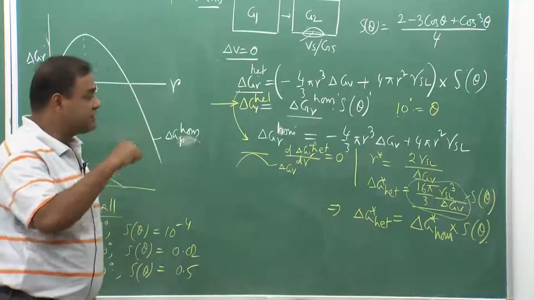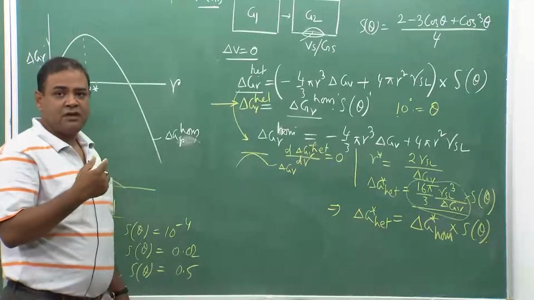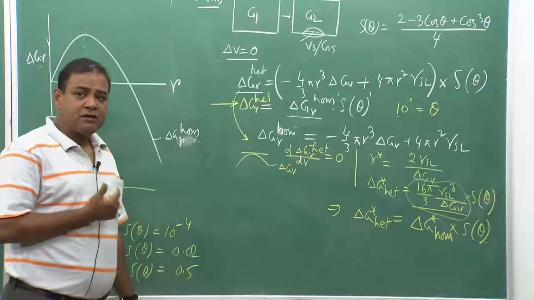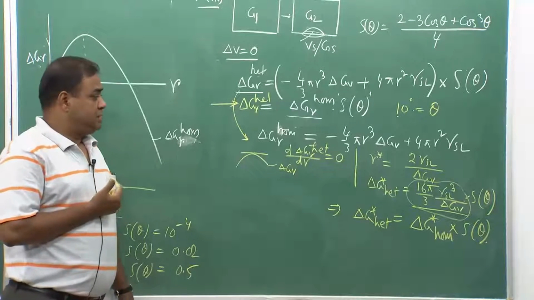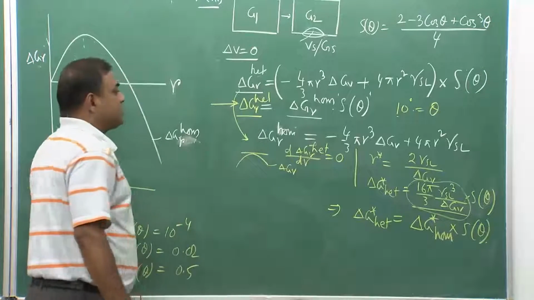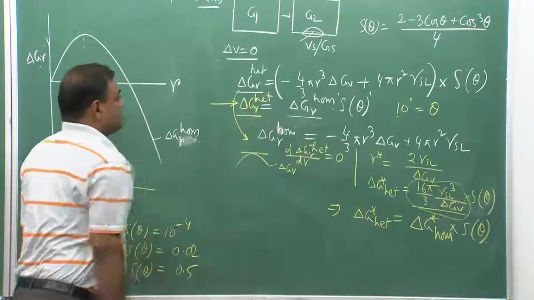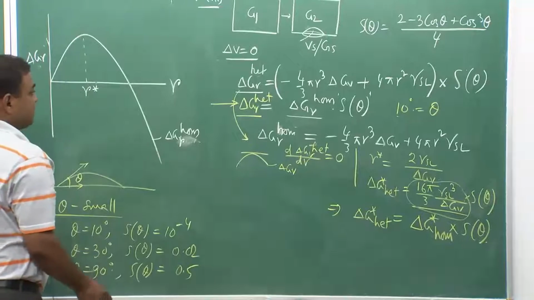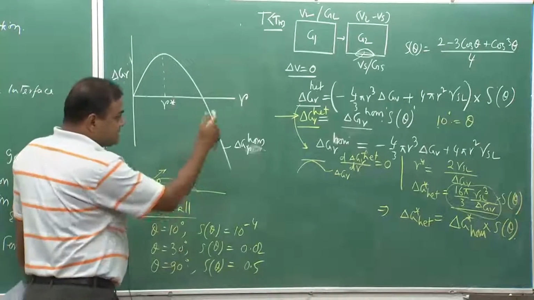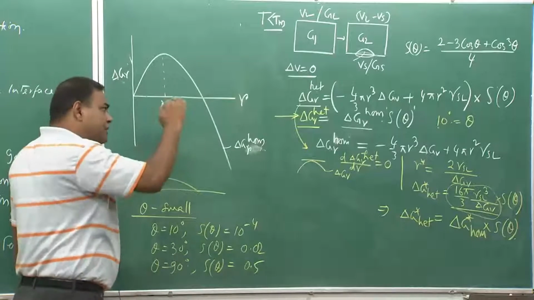R star in case of homogeneous or in case of heterogeneous, in both the cases remains the same, but the only difference would come in case of delta G r heterogeneous. So, it is very clear that delta G heterogeneous at all the r, since theta is now 10 degree, would be very, very low.